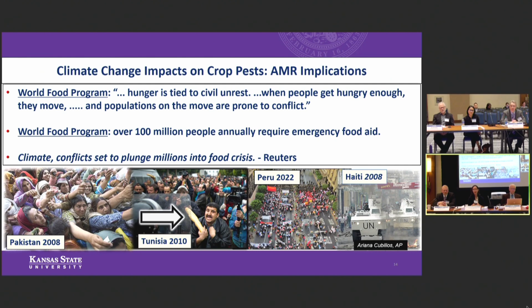Last year, no different. Food riots as prices get out of control. So as we face climate-induced stress that impairs our ability to produce food, and we add 2 billion more people to the planet, we should anticipate some challenges. Next slide, please.